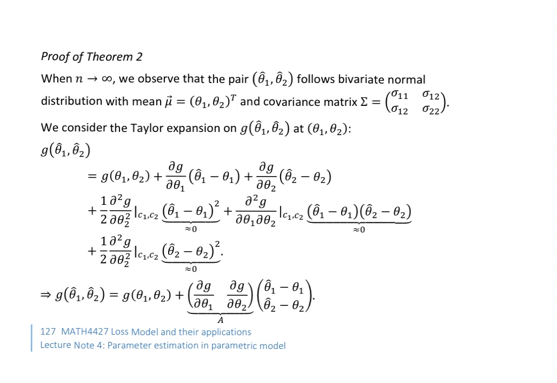First of all, assuming that the distribution function satisfies the regularity condition, when n tends to infinity, the pair of your MLE will follow the multivariate normal distribution with mean equal to the true value of the parameter, and the covariance matrix equal to that.